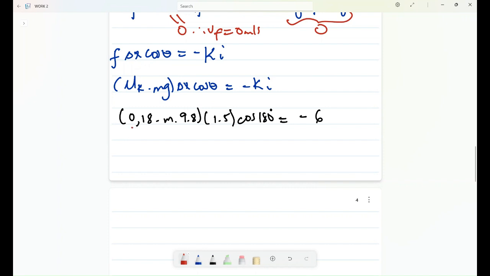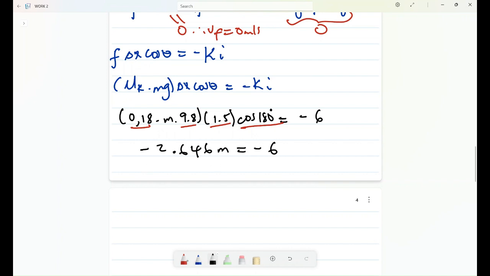On my calculator, 0.18 multiplied by 9.8 multiplied by 1.5 multiplied by -1 gives me -2.646 m. It is equal to -6.